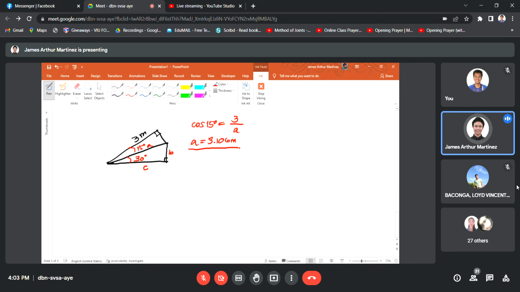Now we have obtained data for this triangle. We will compute the second triangle, where we have the hypotenuse, and we can compute lengths B and C. Later you will find out what B is.